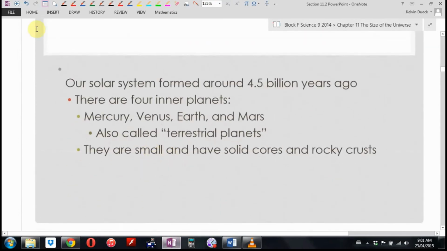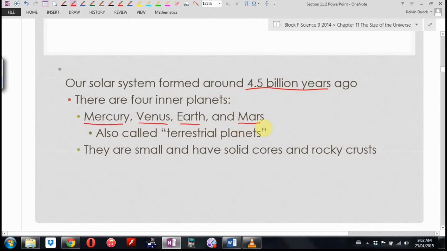Our solar system formed around 4.5 billion years ago, give or take. What makes it up? Well, there are 4 inner planets. Most of you probably know this: Mercury, Venus, Earth, and Mars.